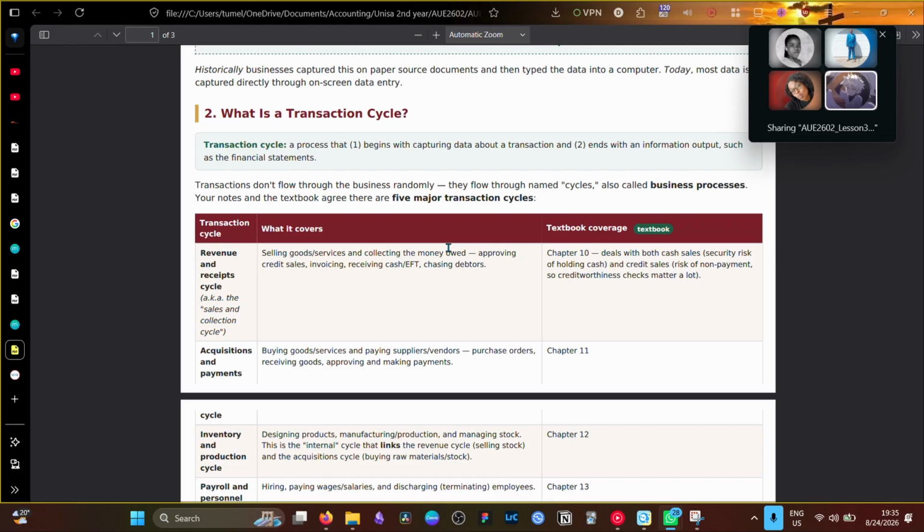It can have petty cash and bank. How do all those components fall under the revenue and receipt cycle? The revenue and receipt cycle deals with receiving cash or EFT.